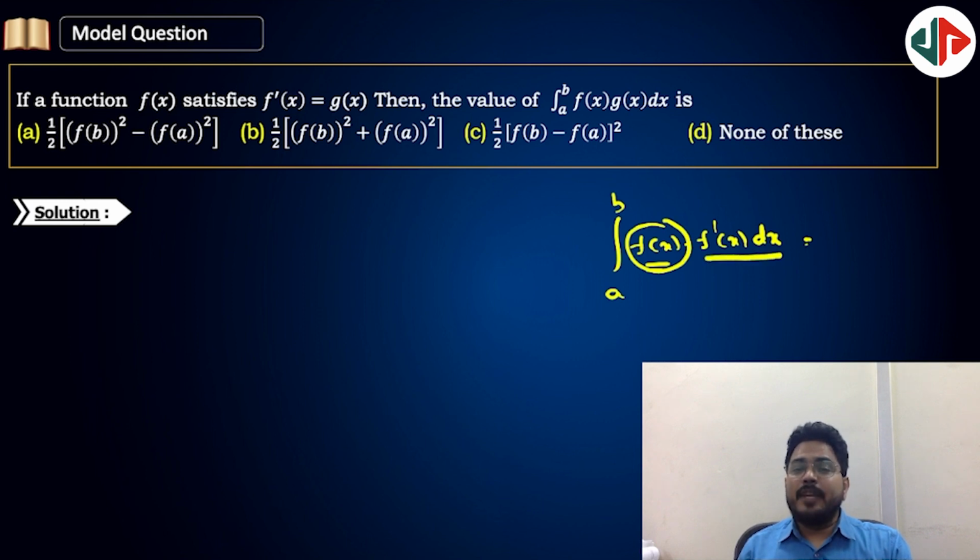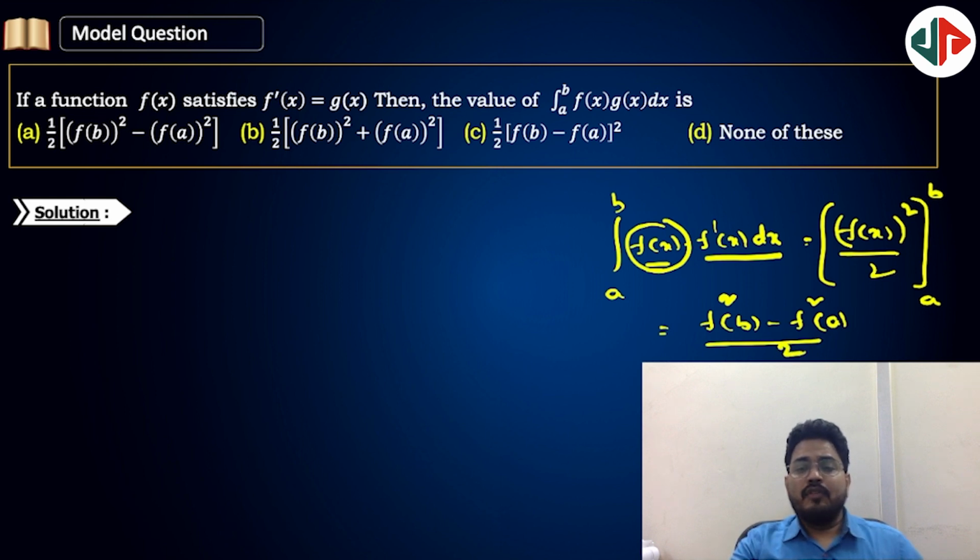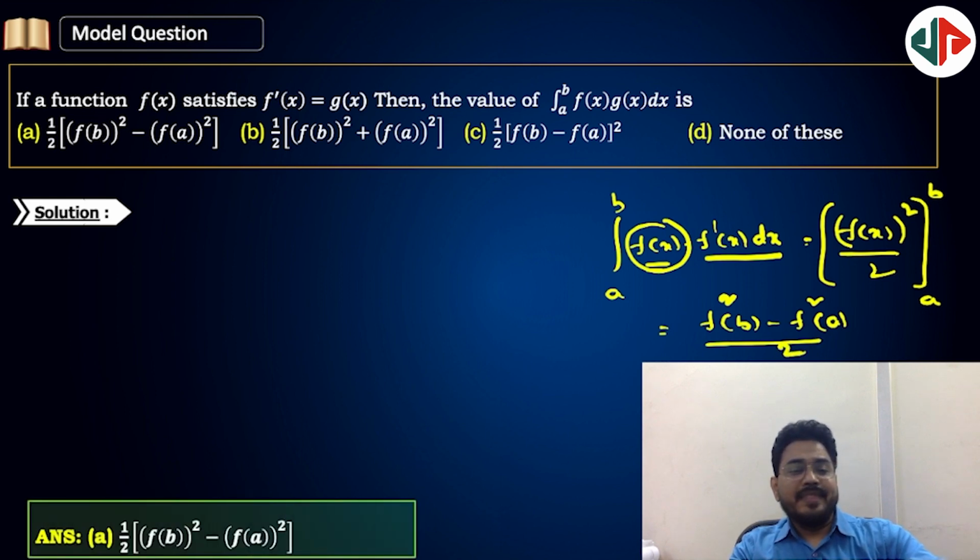So t square by 2. So this is f of x whole square by 2 over the limit a to b, which is equal to f of b whole square minus f of a whole square by 2. That will be the answer for this question.